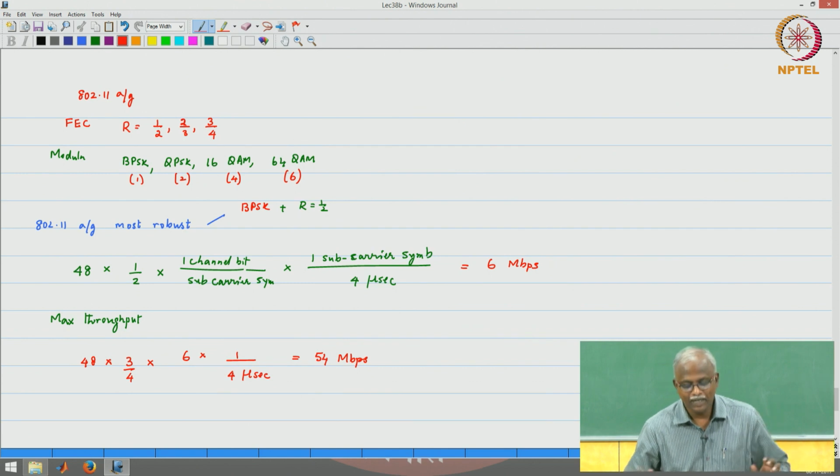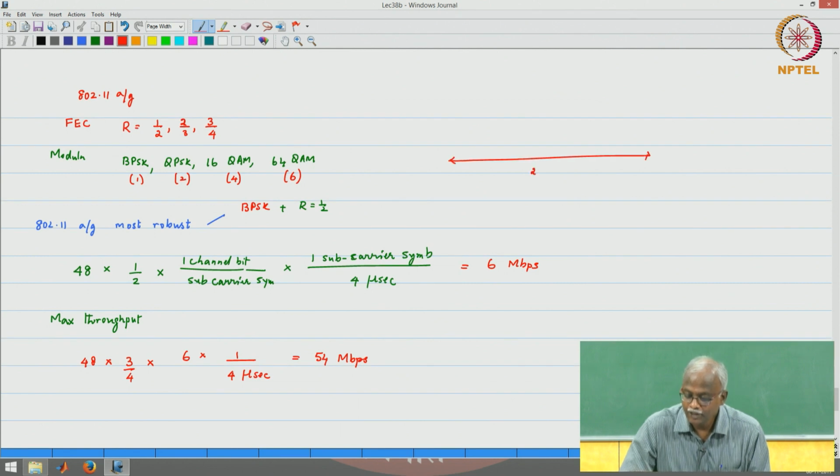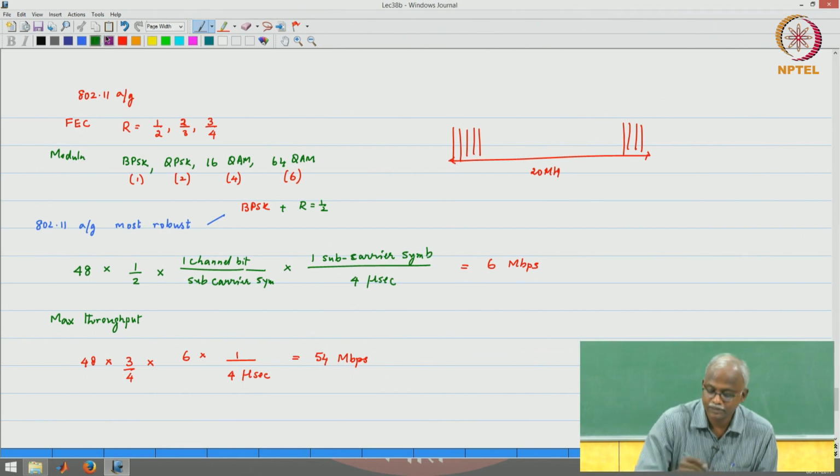And how is it done? You have taken 20 megahertz, the first 6 and the last 6 were guard bands. I have not drawn enough, but these are the guard bands.